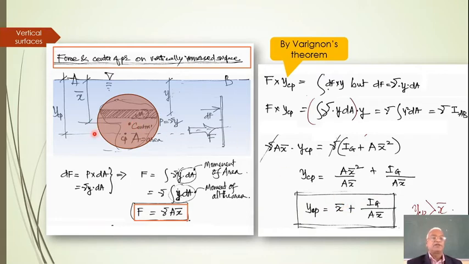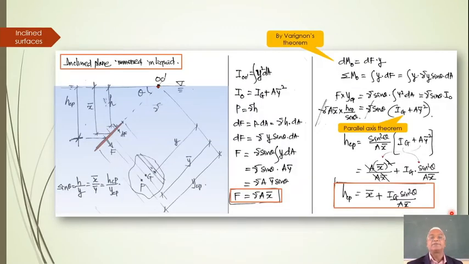Here you can see that the centroidal depth and YCP differ slightly. This is always a positive quantity. So YCP is always greater than x bar or h bar. It is more than the depth of centroid. That is the point.